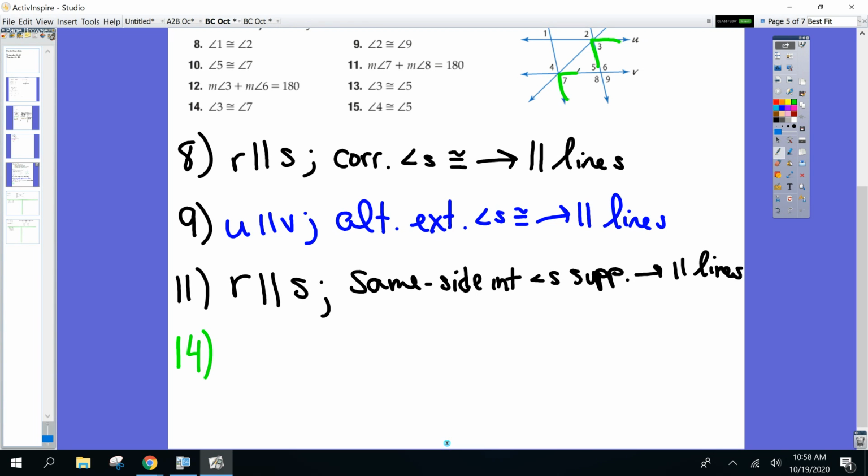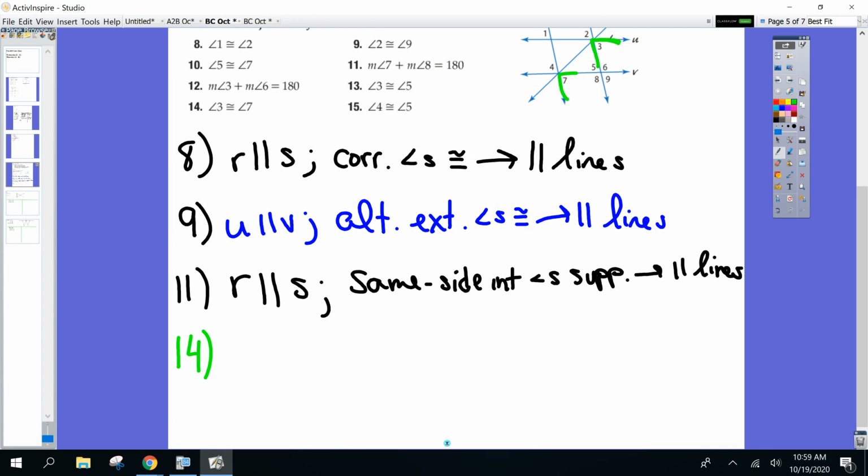You struggling with this? What type of angles are 3 and 7? Nobody's struggling, huh? If you are, that's okay. Here's why. Everybody think, well, 3 and 7, do they share the same transversal? Do you see any lines in common at all?